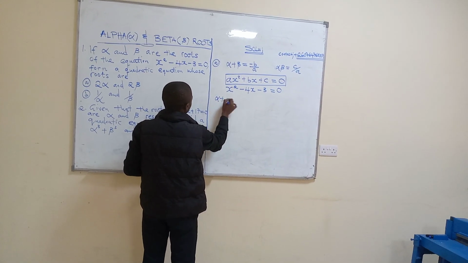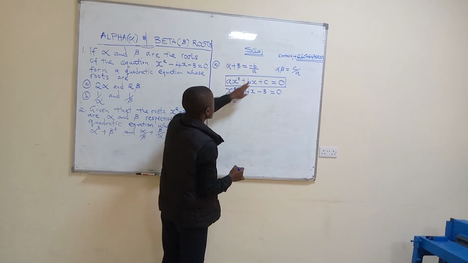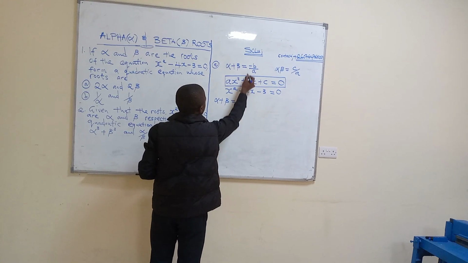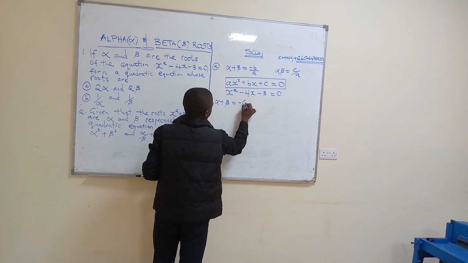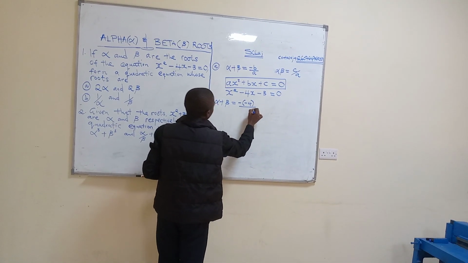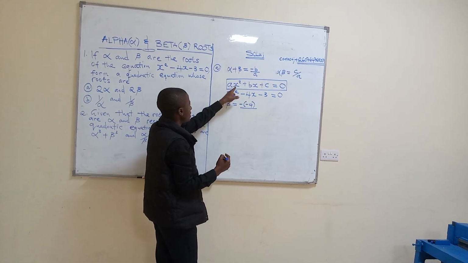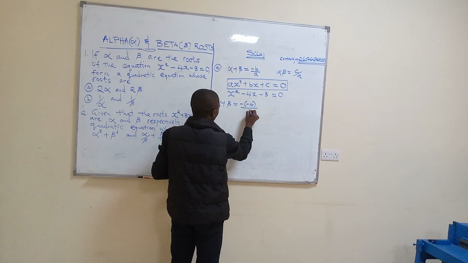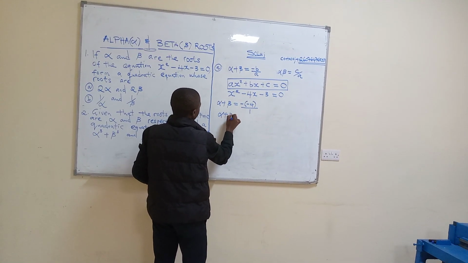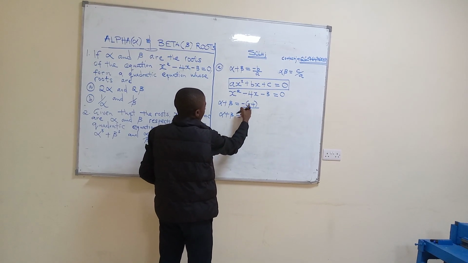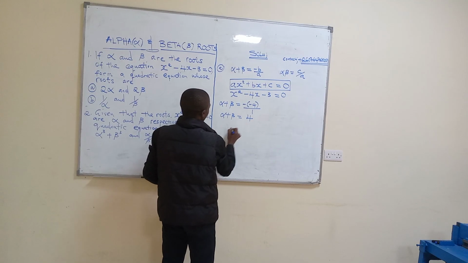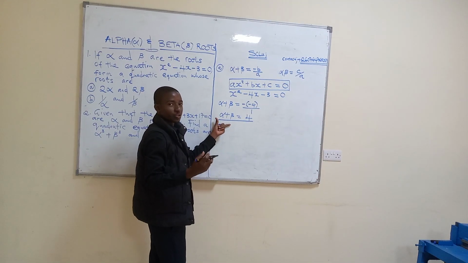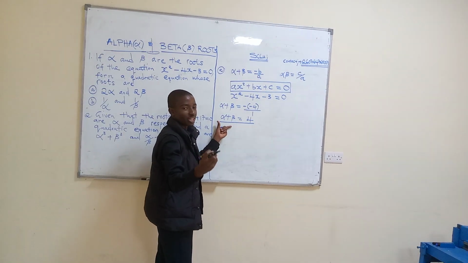So alpha plus beta is equal to negative b over a. Here b is the coefficient of x, which is negative 4, so negative open brackets negative 4 over the value of a, the coefficient of x squared, which is 1. So over 1, alpha plus beta is equal to negative times negative, which is positive 4. This is the value for this identity that I should use when finding the quadratic equation.